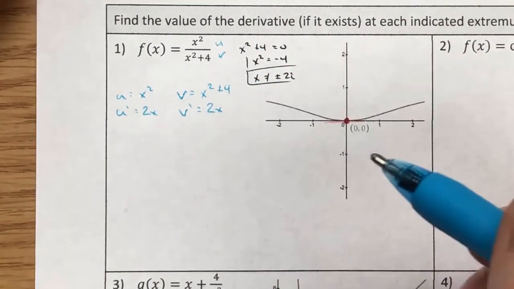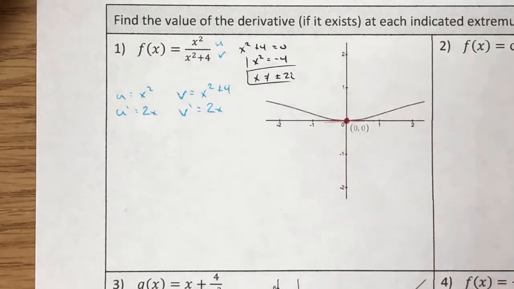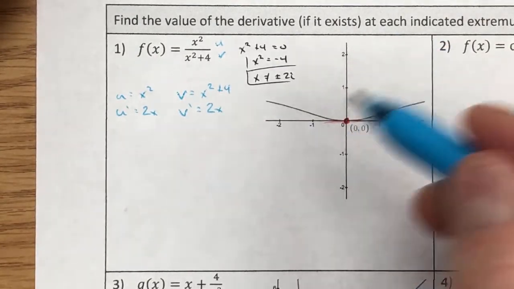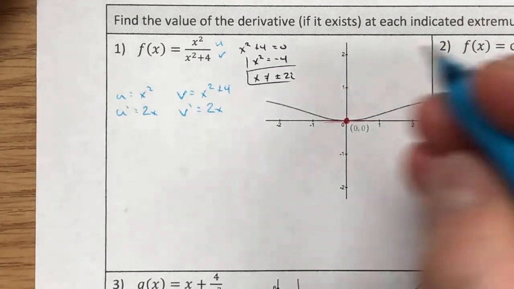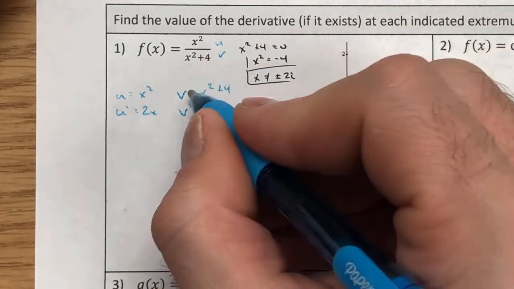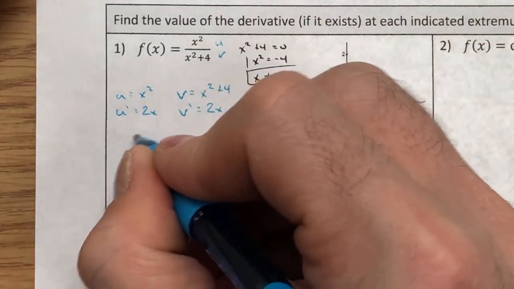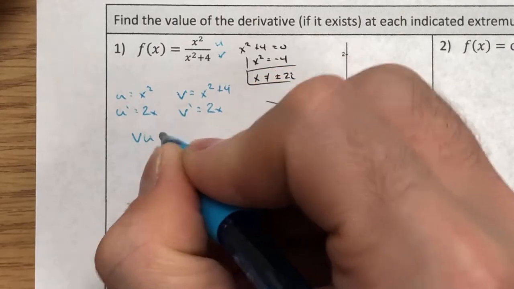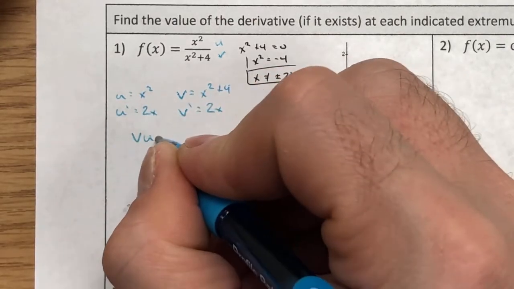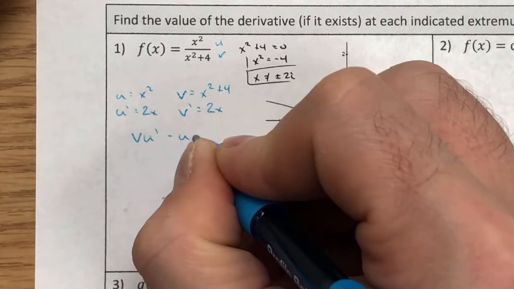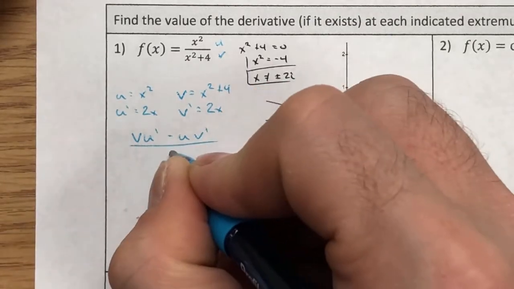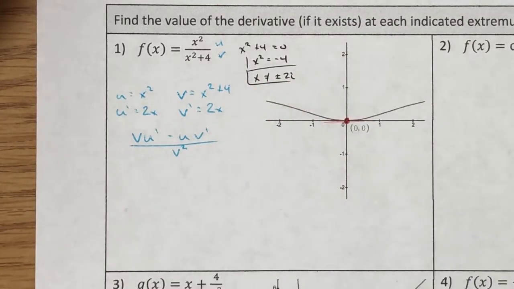And I know with a u over v derivative, what I'm going to do is low d high minus high d low all over low squared. So I have low, which is my v.